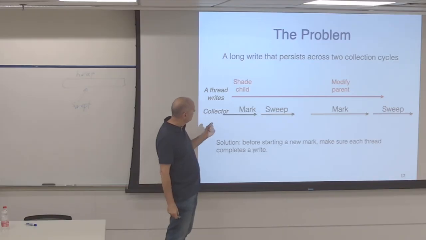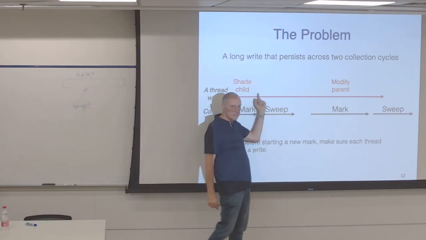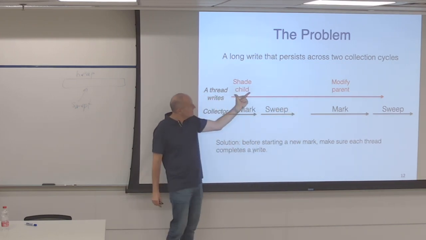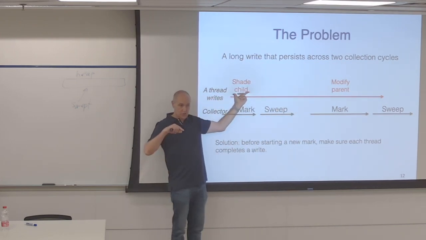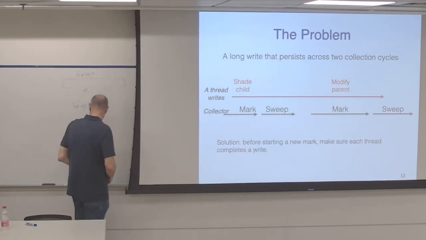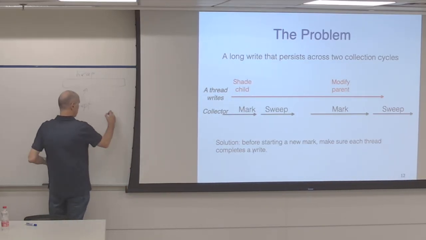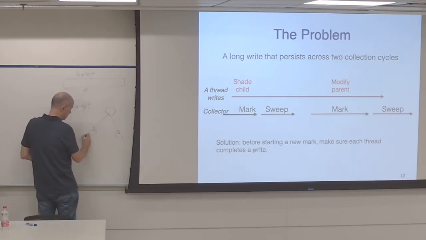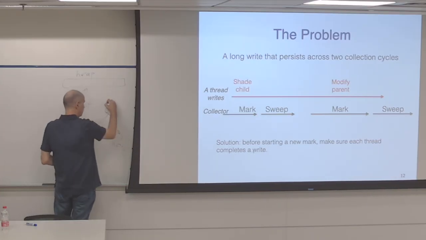But with shade and change, here is the problem. There was a very long write for the program. And this write first shaded the child that was getting a pointer. So suppose this is the modification: this is the old referent, this is the new referent, and this is the parent.